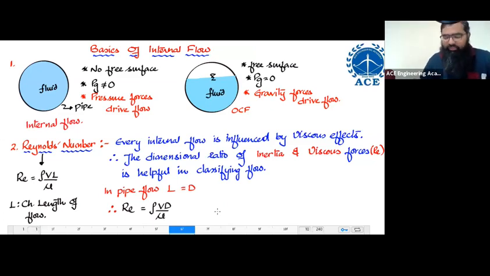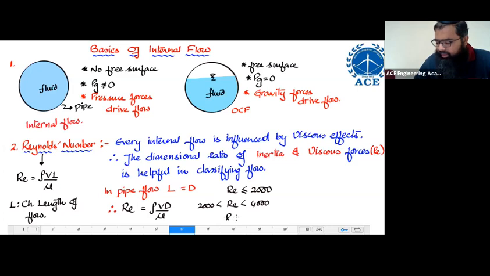As a matter of fact, there is a standard classification using Reynolds number in a pipe flow. That classification stands something like this. Most of you might be aware of this. Less than or equal to 2000, you have a particular flow. Ranging between 2000 to 4000, you are having a particular flow. And beyond 4000, you are having a particular flow.